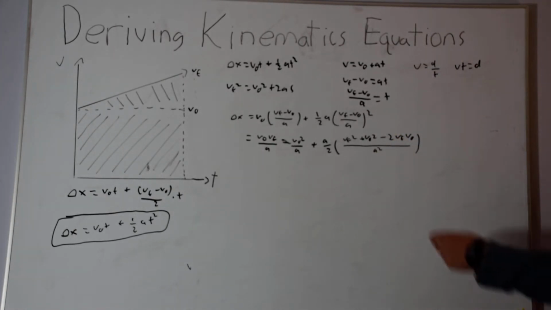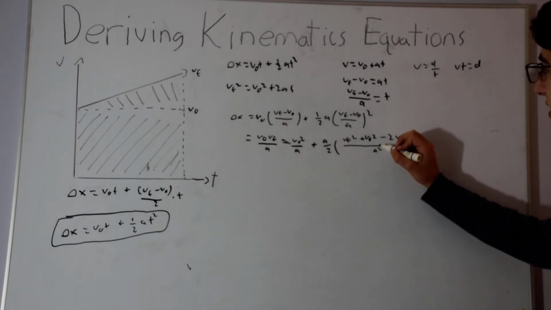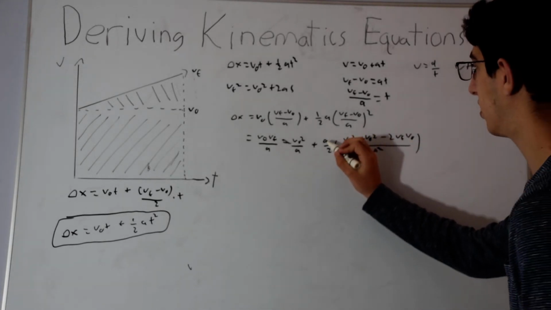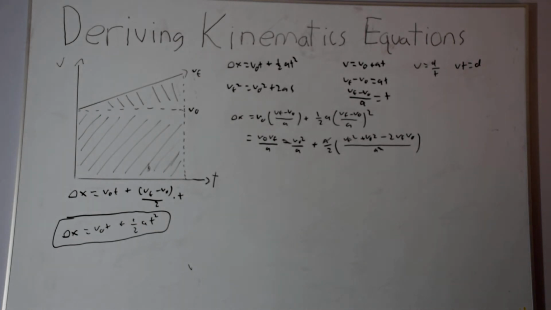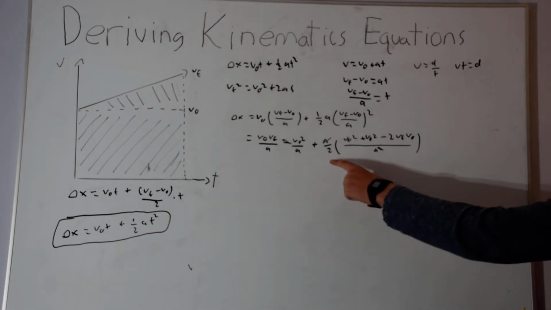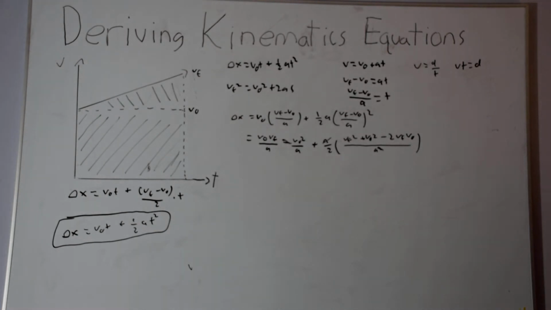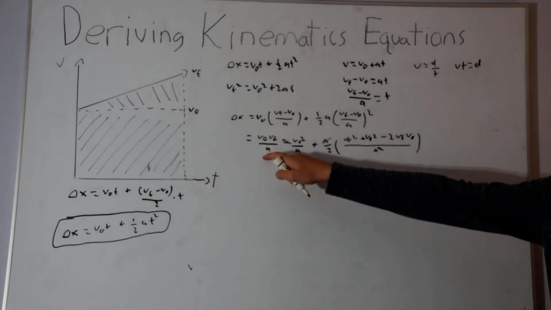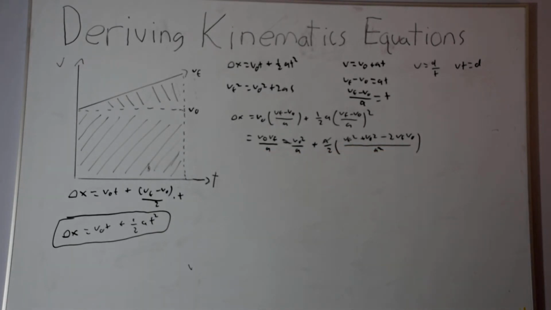And what we notice here is that this a squared can be cancelled out with this a. So this becomes regular a. So we have 2a in the bottom. And I see I have a bunch of a's in the bottom, so let me just multiply both sides by 2a, and it should simplify the equation.